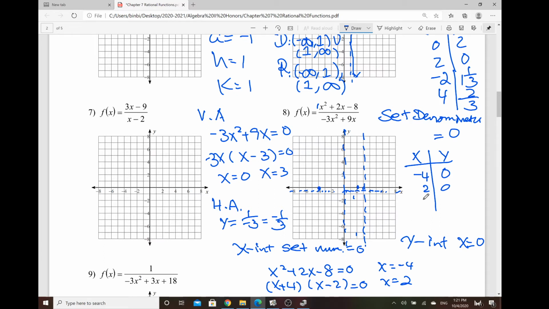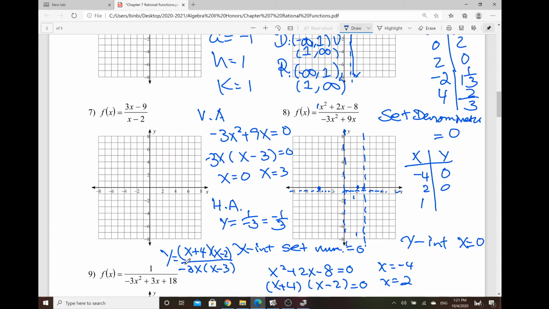So let's say that we want to put in 1. Once you plug in the number here, you might consider factoring it. So f of x in factored form is written as y equals x plus 4 times x minus 2 all over negative 3x times x minus 3.